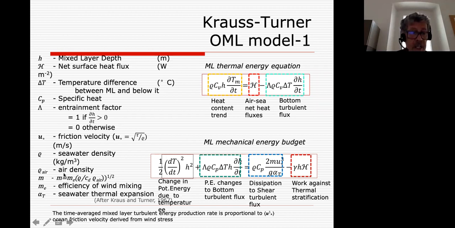This is the relation that is applied in order to calculate the efficiency of the mixing.